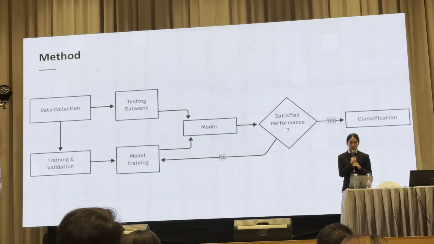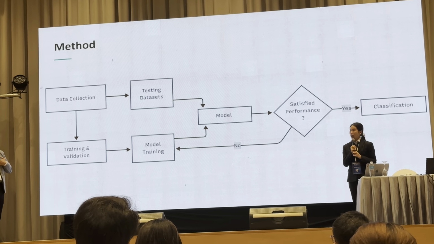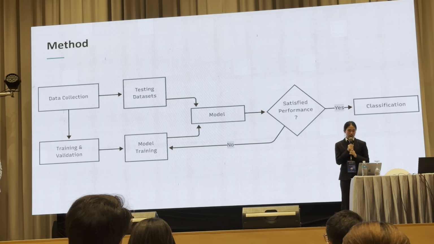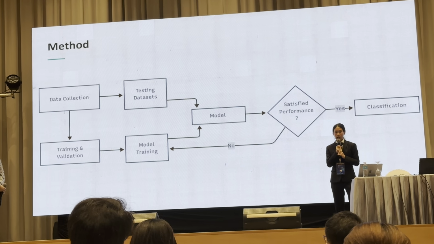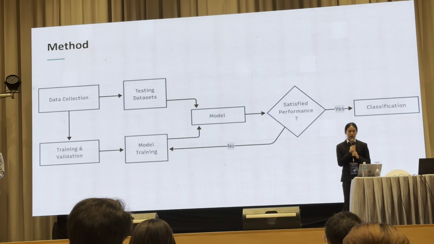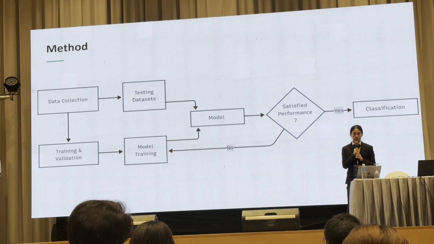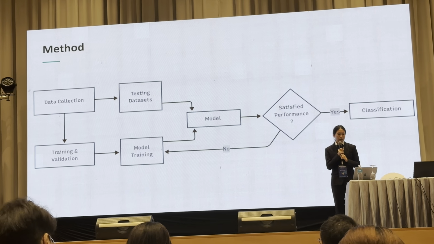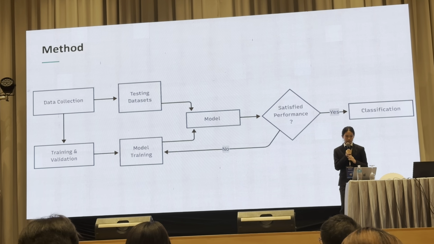For our method, we began with data collection, and then the data set is partitioned into training, validation, and testing data sets following an 80 to 10 to 10 ratio. This is important as the partitioning should be performed before augmentation to prevent data leakage between the training and testing subsets.